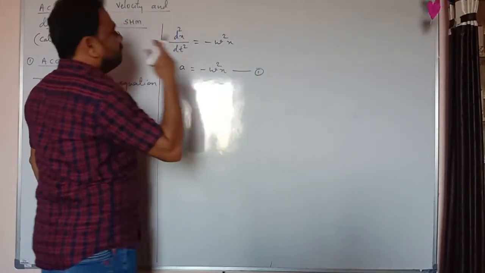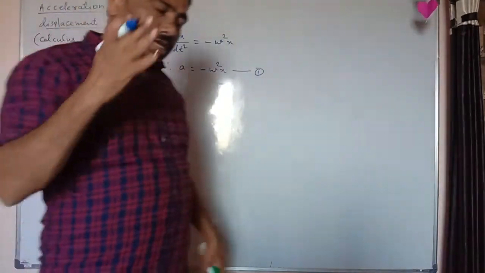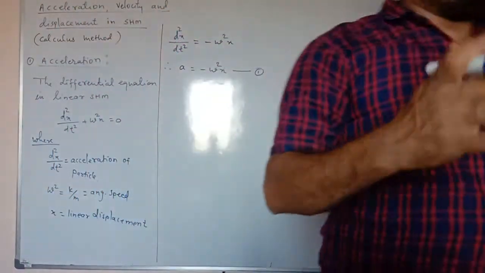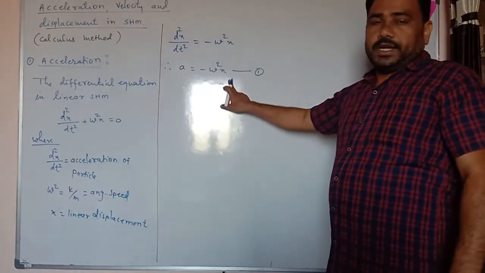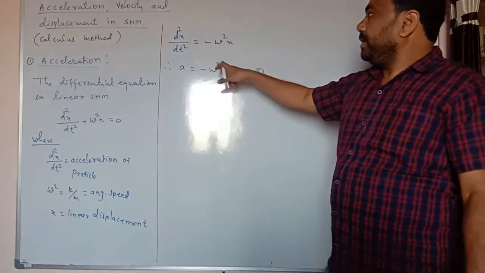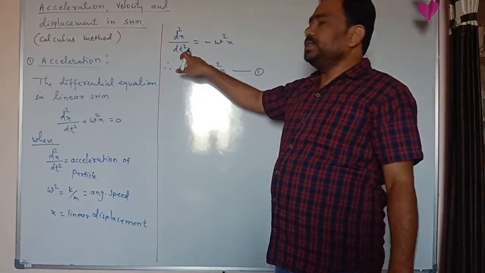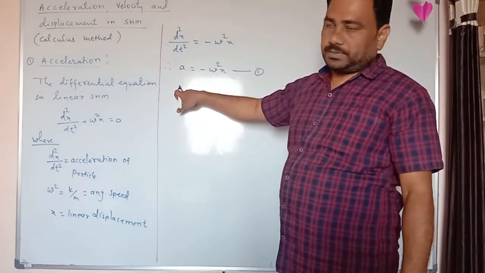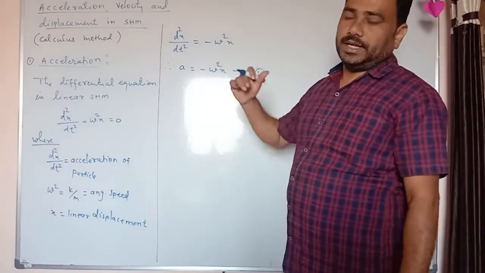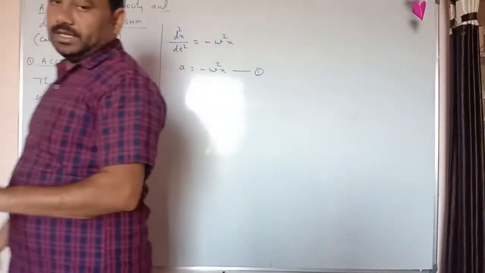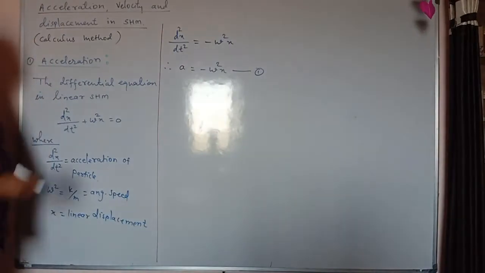This is the first equation, the expression for acceleration. Here d square x upon dt square represents the acceleration of the particle, omega is the angular speed, and x is the linear displacement.